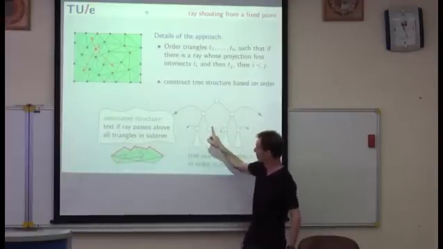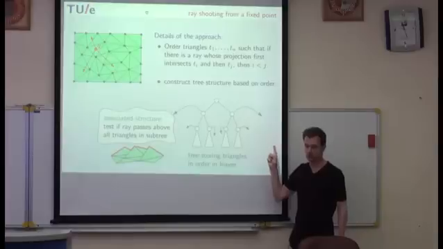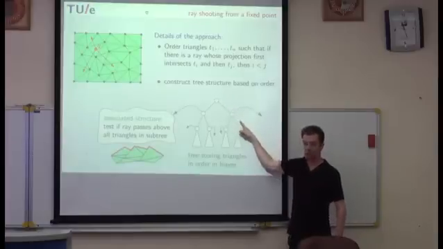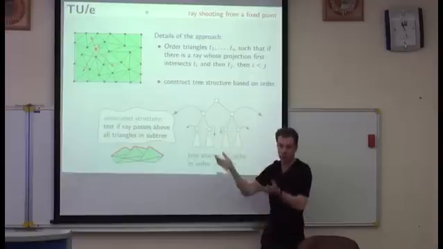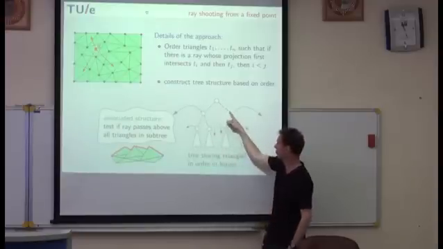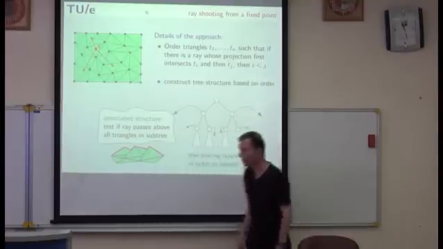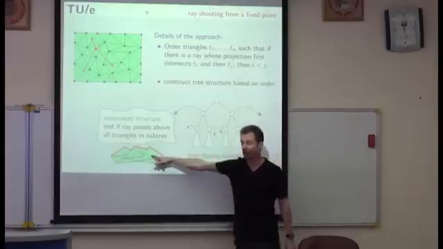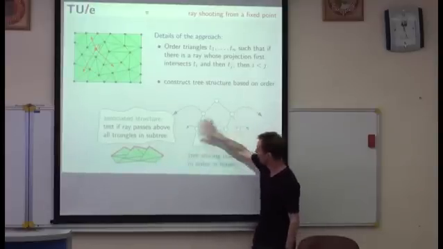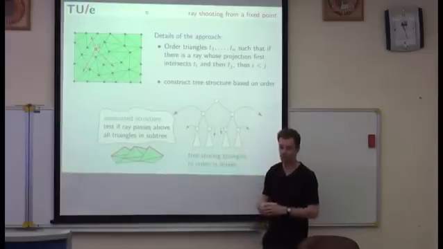If it passes above, where do I go? I go to the right. If it passes above, then all these triangles you're going to miss, so then I can go here. If it passes below, since all of these are behind these guys, I know that my answer is going to be here, and I go here. And then I simply walk down and that's it.